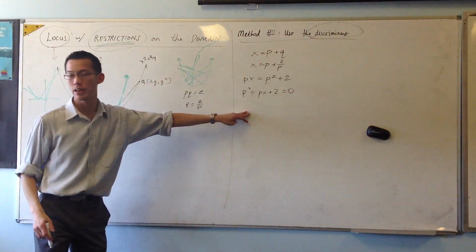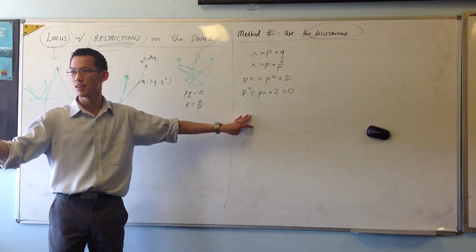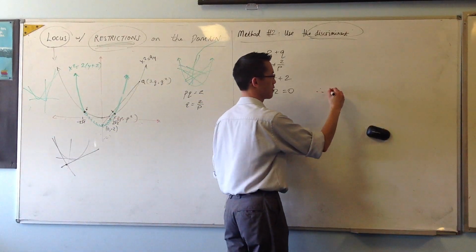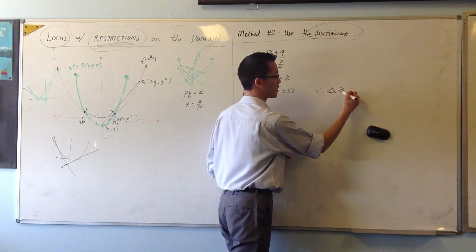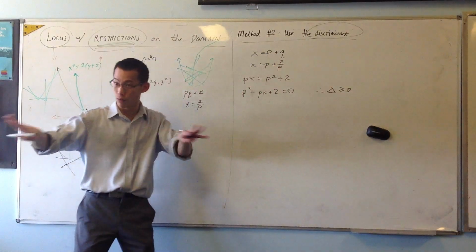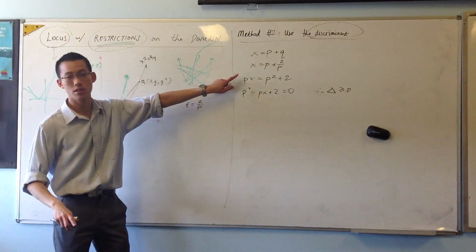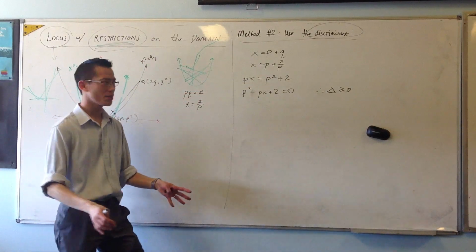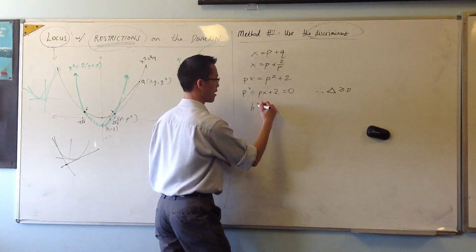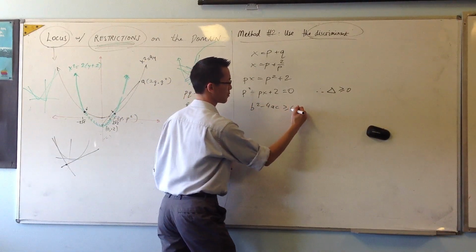If a quadratic has solutions, its discriminant has to be greater than or equal to 0, right? Because if it's negative, there are no roots, no solutions to this equation.